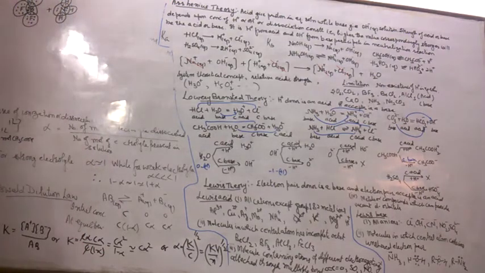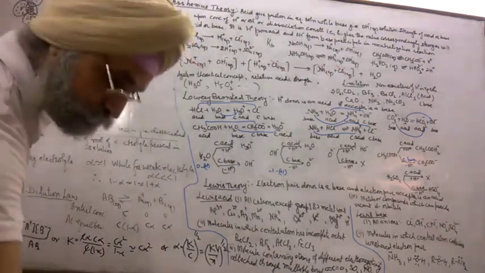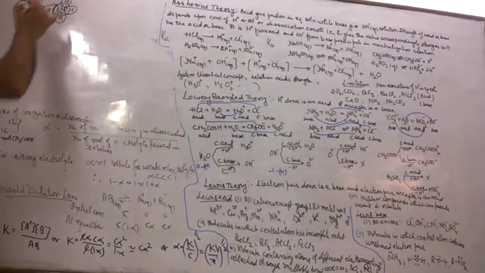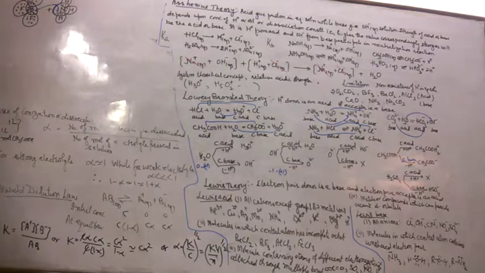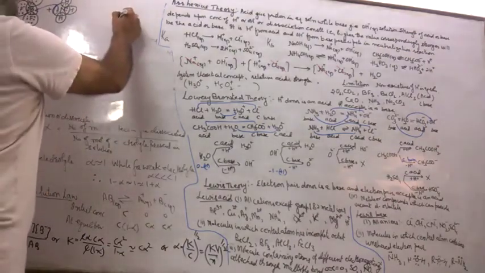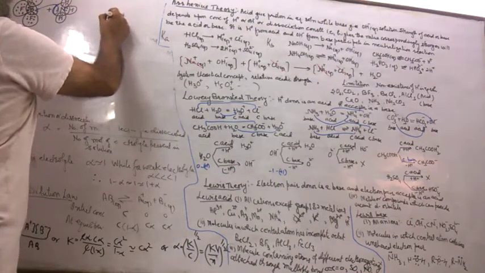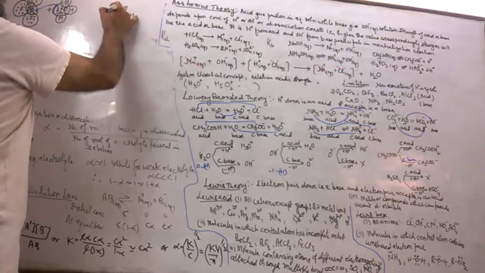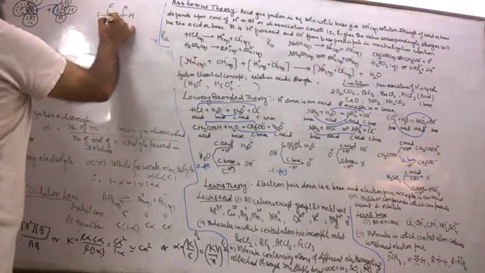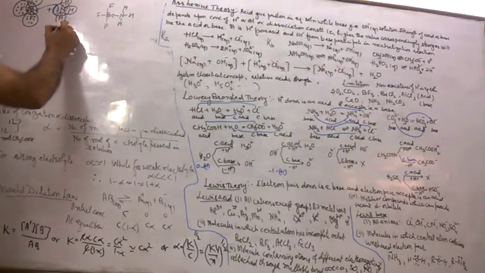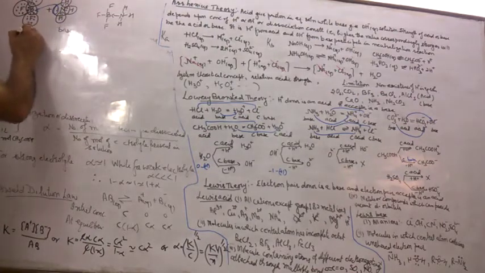As a result, this electron pair can be one-sidedly shared with this one and form coordinate bond, and we will get here N, B, H, H, H, F, F, F. This donates lone pair. Therefore, this is a base, and this accepts lone pair. This is acid.